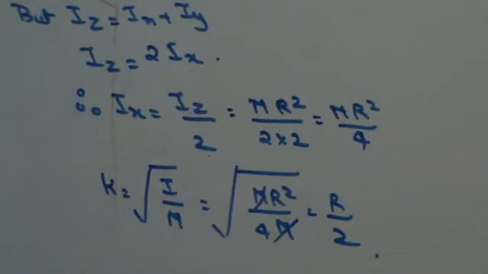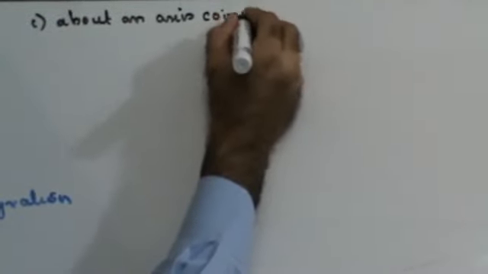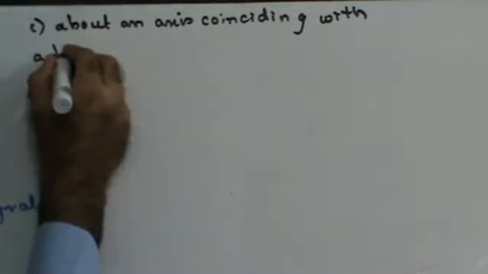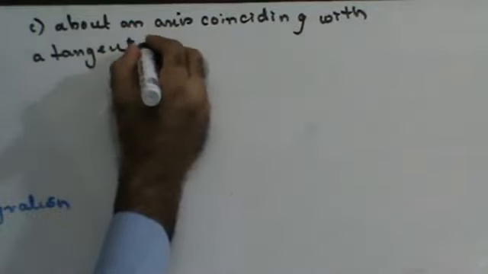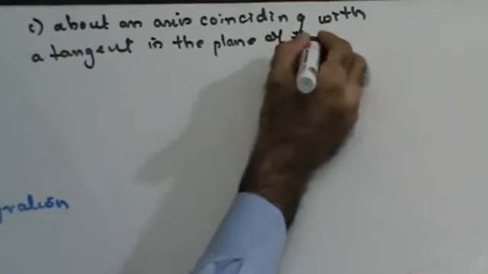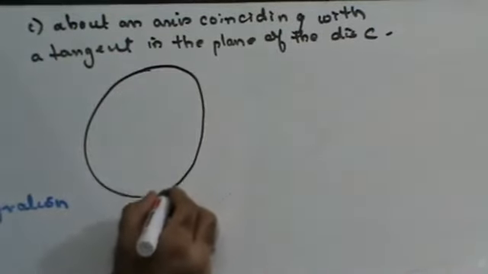Next, let us find out the moment of inertia of a disk about an axis coinciding with a tangent in the plane of the disk. So let's assume that this is my disk, right?